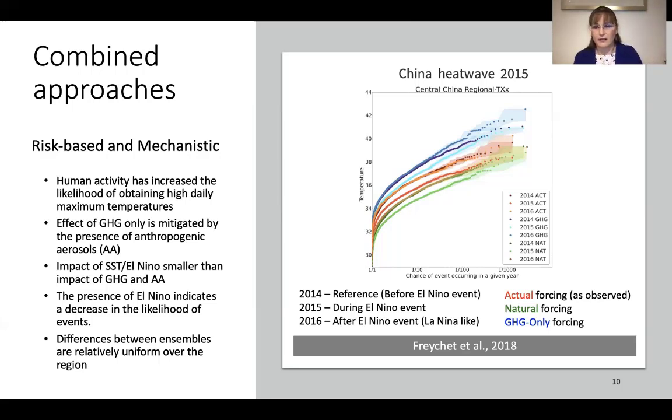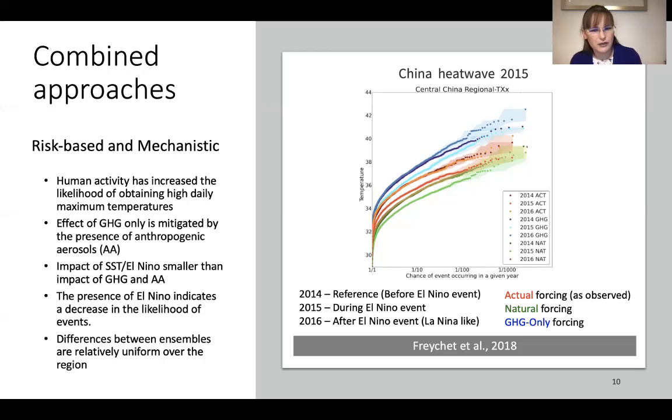Then maybe with the effects of only greenhouse gases, there are blue ensembles on this return time plot, and the green ensembles, where only natural forcings are included, and human-induced climate change is not included in the simulations. So you can see broadly there's a separation between the lines on this return time plot.